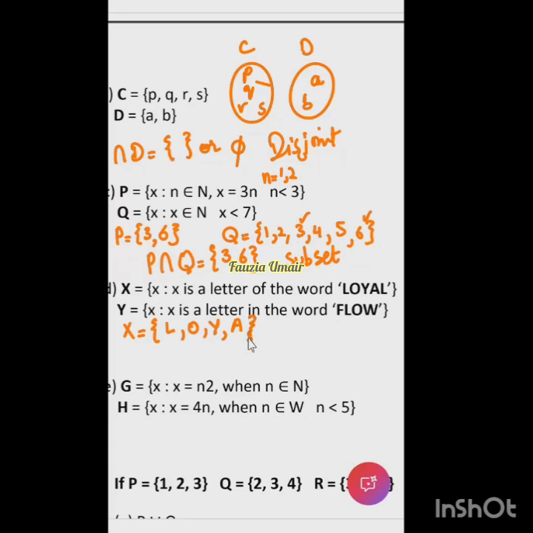No. This is very tricky. Most of the students will write L 2 times. Why? Because this is human psyche. Letters of the word loyal, so you will definitely write down 5 elements. But actually, this will not come. Why? Because in sets, there should not be any repetition.